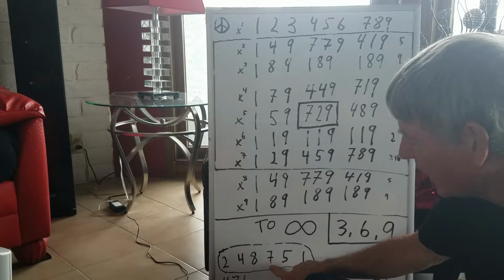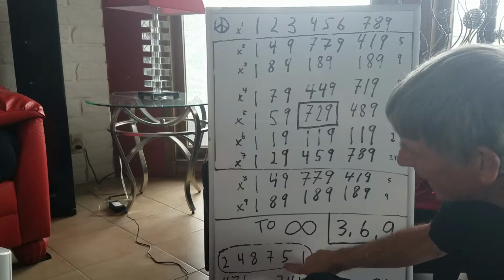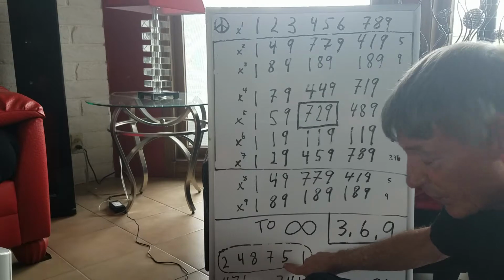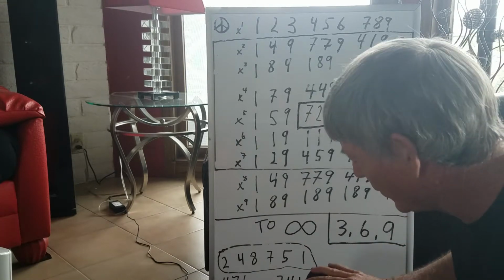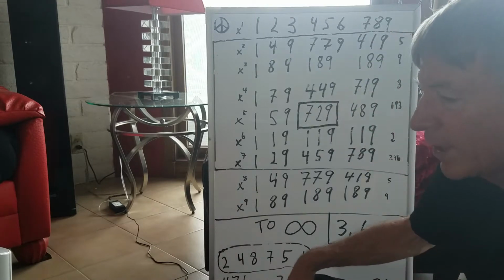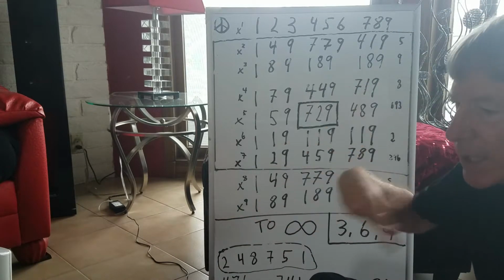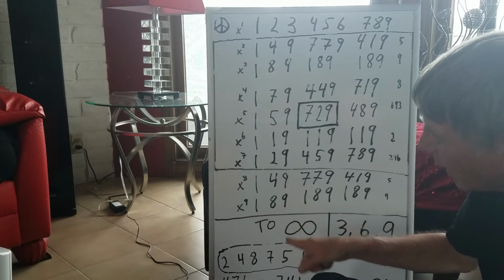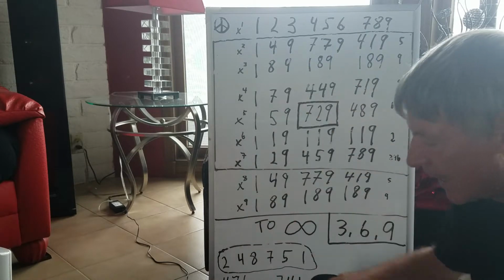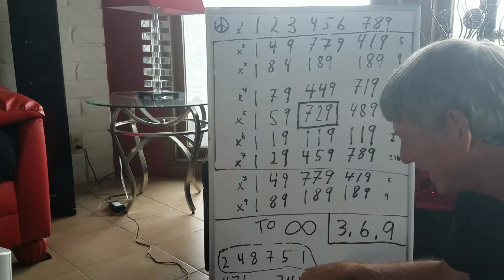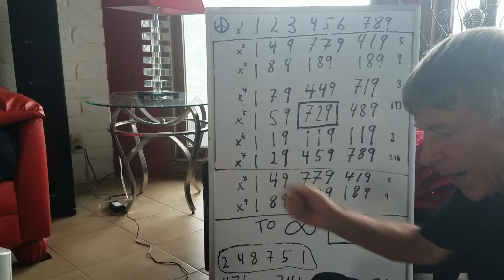So we were doubling: double the 4, 8, 16. Double 16, we get 32, which is reduced to 5. Double 32, we get 64, which is reduced to 1, because 6 and 4 is 10, 1 and 0 is 1. And that's a repeating sequence that goes on and on forever. When I talk about numbers, any number in the universe, it follows this code, this sequence of numbers, and it goes to infinity in both directions.